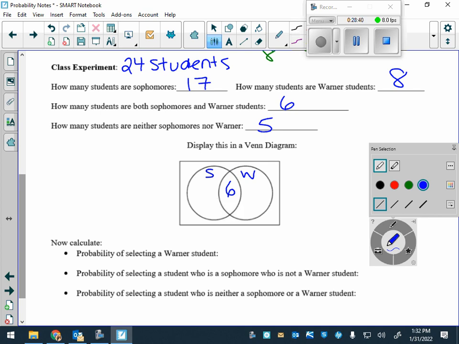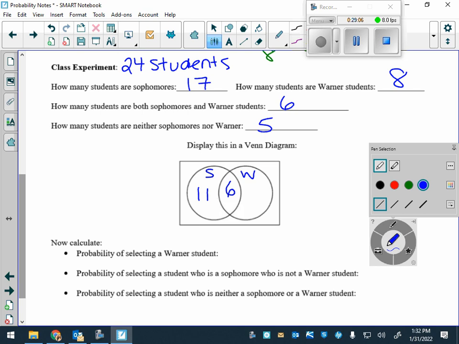How many are just sophomores? Just sophomores. 11. Why? You could take away the sophomore center in Warner House. Yep. So, 11.